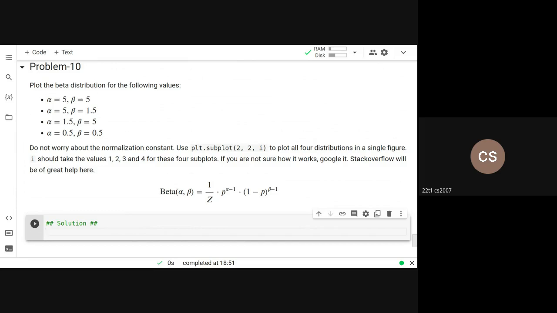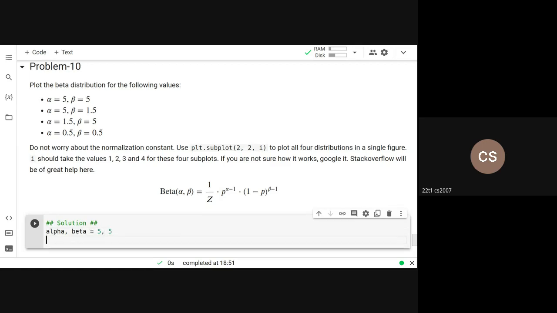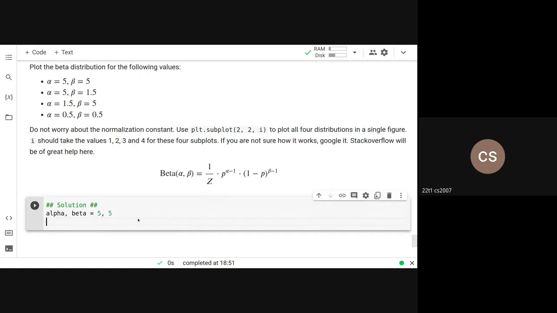And now what we are asked to do is plot different distributions for different values of alpha and beta. So alpha equal to 5, beta equal to 5. Let's take that case. And we won't worry about the Z value right now because that's just a constant and it doesn't really matter.